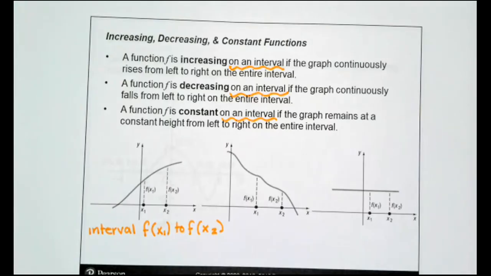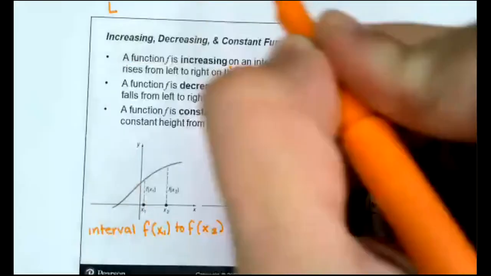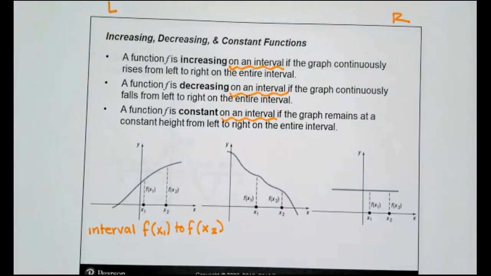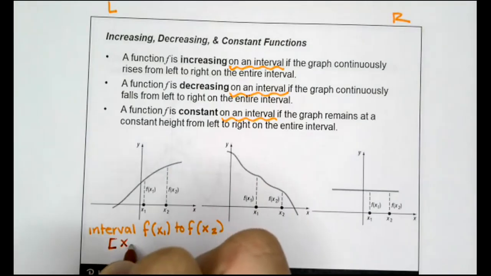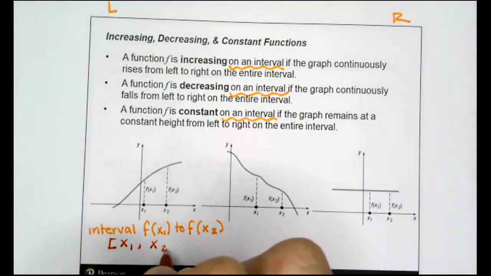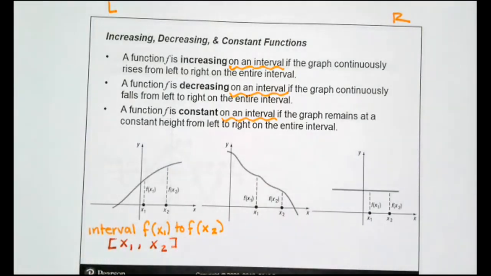A function is increasing if the graph continuously rises from left to right along the entire interval. It's decreasing if the graph continuously falls from left to right on the entire interval, and constant means it doesn't change. The height is constant from left to right on the entire interval, okay? Now, the way we write it in interval notation is with brackets. x1 to x2, it is rising, right?